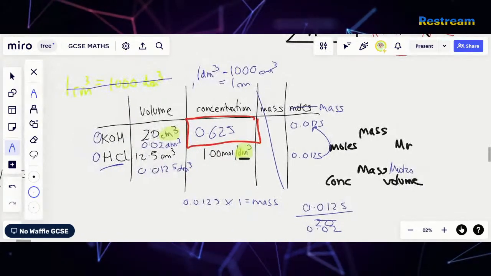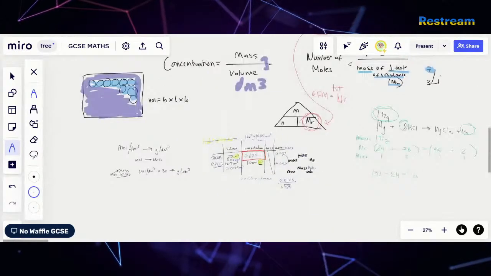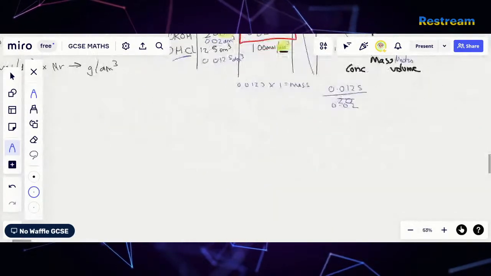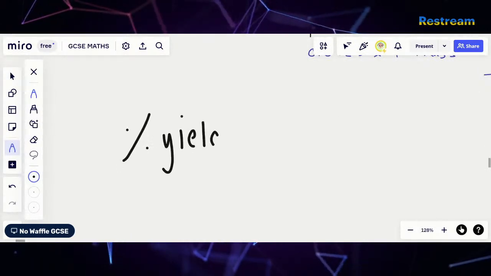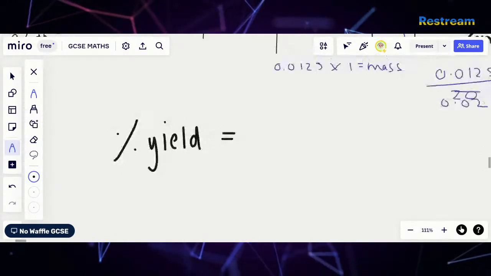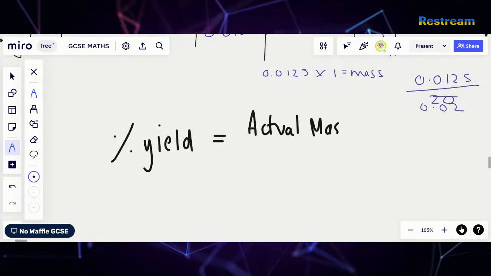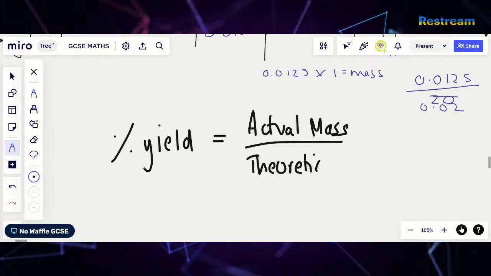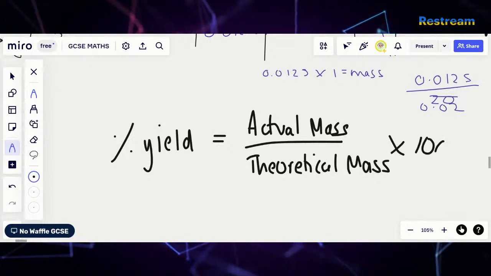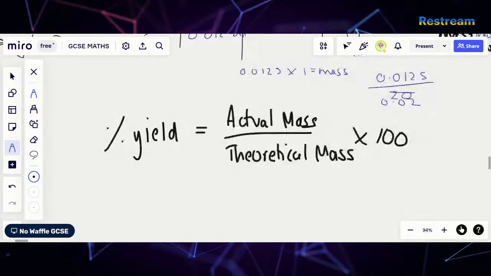Titration question. And just to finish off, some final equations that aren't necessarily as complex as the ones we've just looked at. The first one is percentage yield. Percentage yield is the actual mass over the theoretical mass times 100.